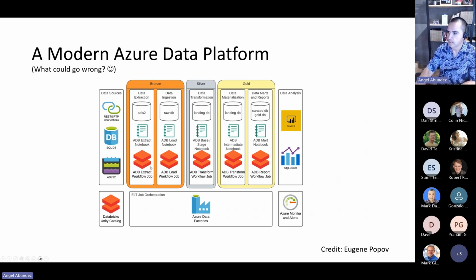These icons down here are Databricks, which is our compute engine for running transformations on the raw data as it goes through these different layers. For those of you familiar with modern data architecture, this is typically what you see in the industry, they call it the medallion architecture.